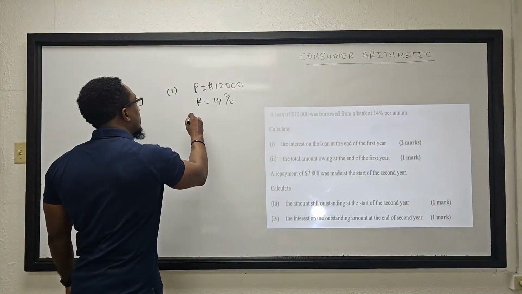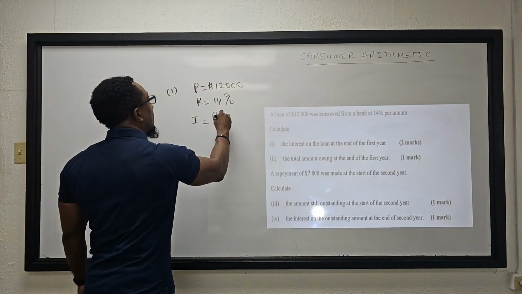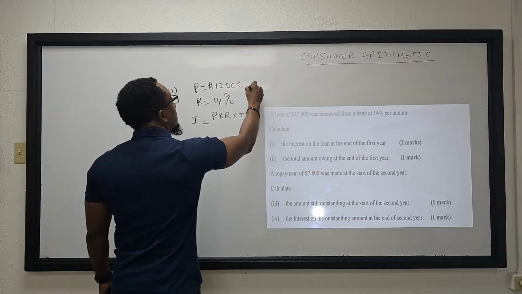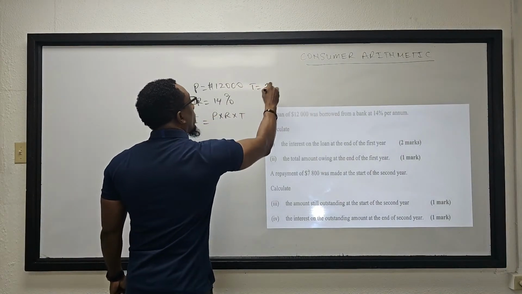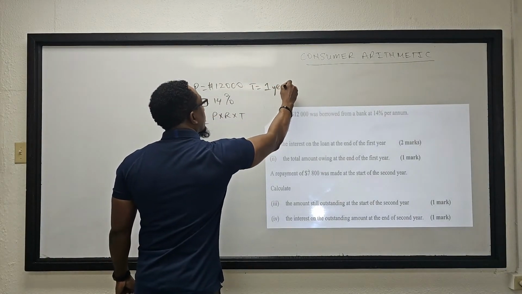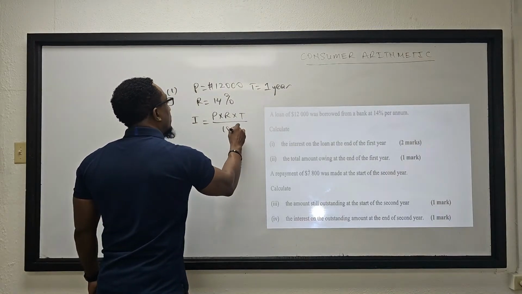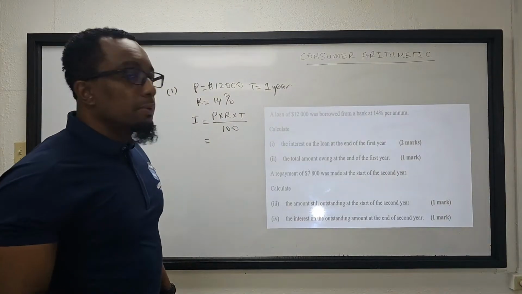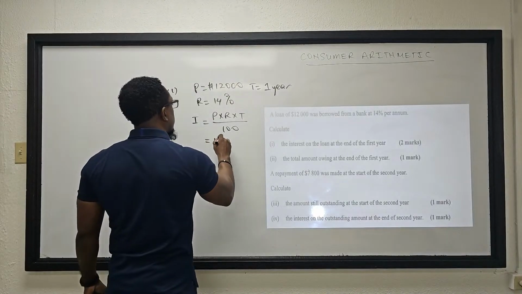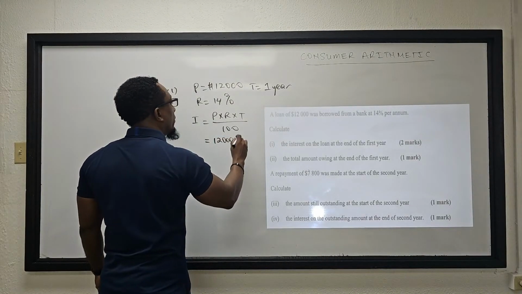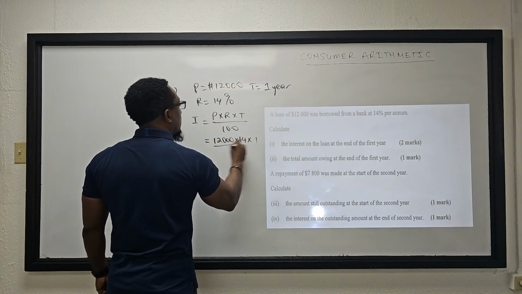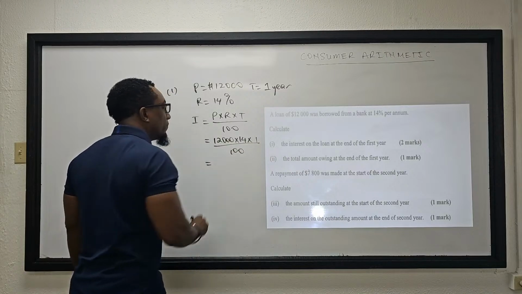So the interest, we know it's principal times rate times time, of course the time being 1 year, all over 100. Our principal is going to be 12,000, our rate 14%, our time 1 year, all over 100.